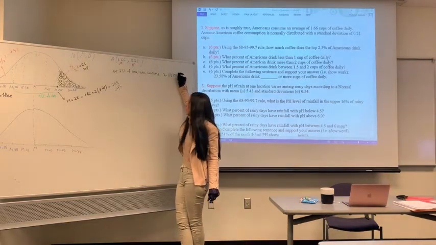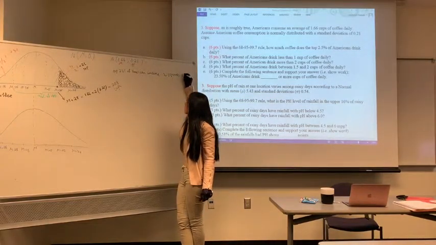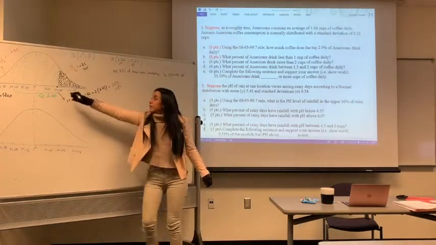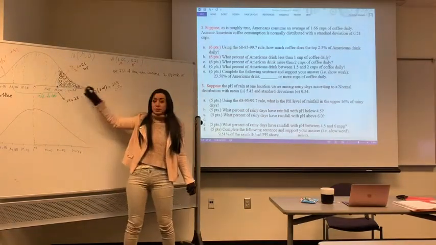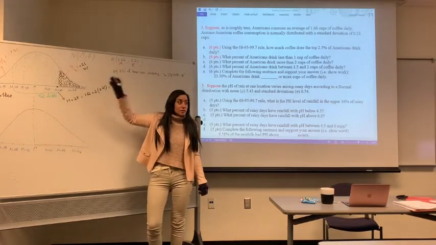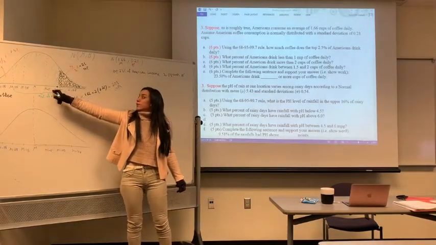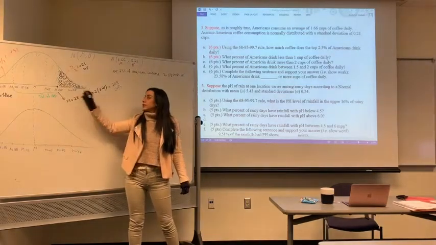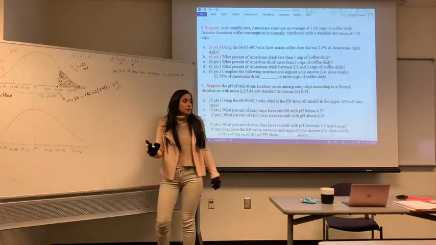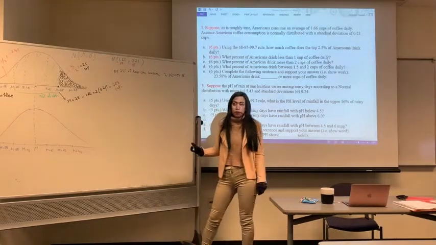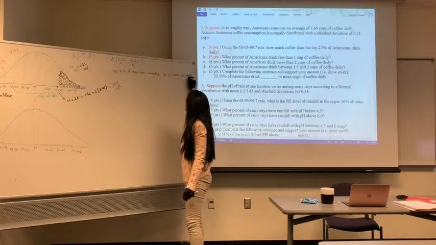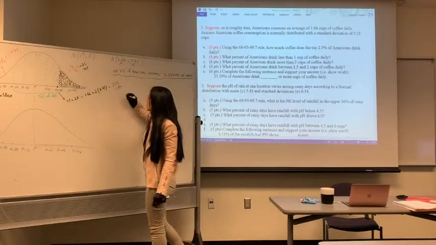More, correct? Because all the area started from here up to the end. We know if this is cups of coffee on the x-axis, it's increasing, so to this side we have more than 2.08 cups of coffee, or more. This is the answer for this question.